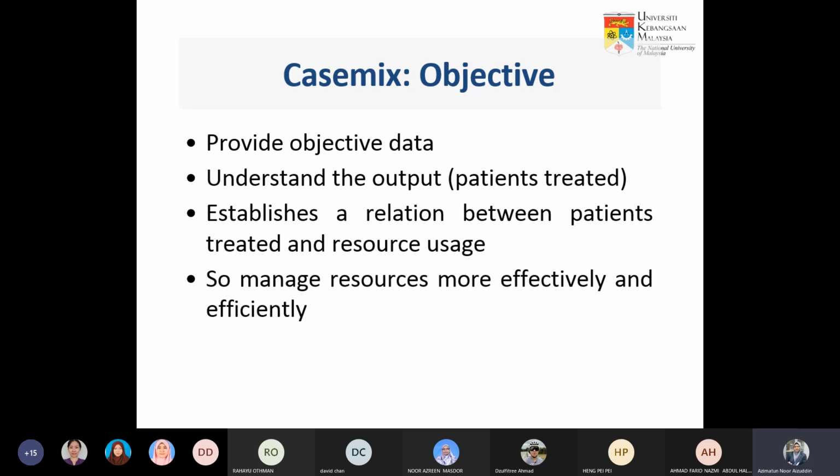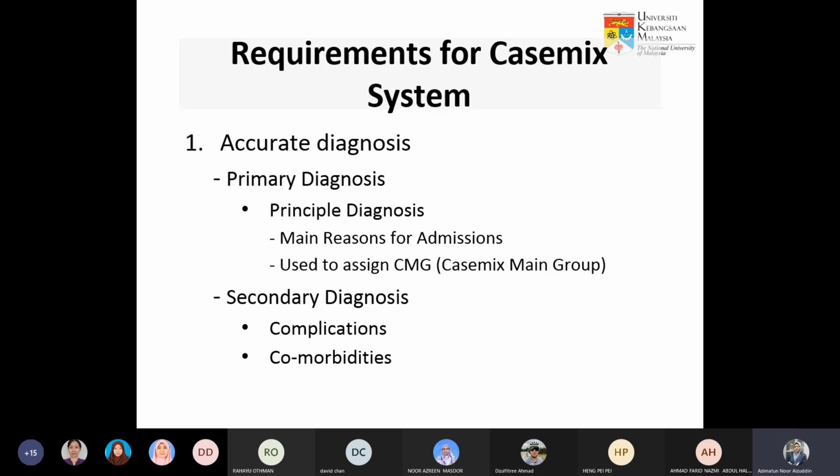So in which that is also make us understand the output of the patient treatment, and establish a relation between patients treated and also resources used, because you look at the complexity, and so it's actually give us manage resources more effectively and also efficiently. Ya, nanti saya akan sebutkan in detail sebab effectiveness ni nanti ya. So bagaimana kita melihat effectiveness dalam Casemix.